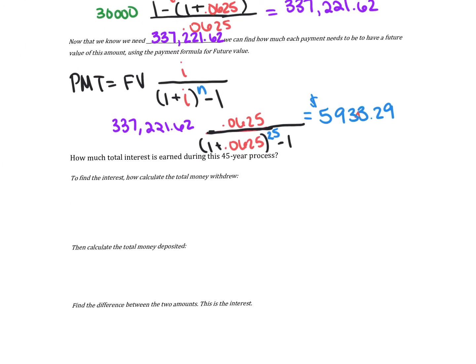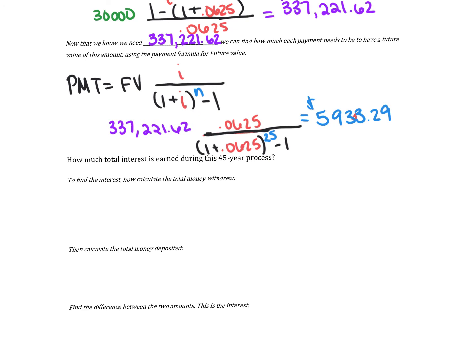Now, the next part of this says, I want to find out how much total interest was earned during the 45-year process. To find the interest, we need to calculate the total money withdrawn. If I'm making $30,000 withdrawals for 20 years, you've withdrawn $600,000.